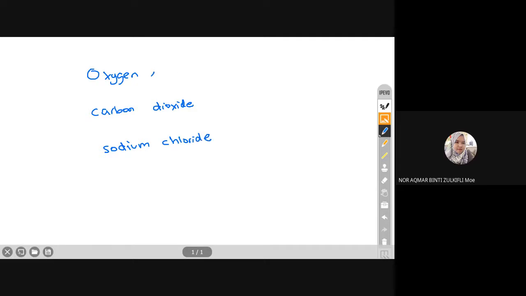How to name the atom. So oxygen we have O2, gas. Carbon dioxide CO2, gas. Sodium chloride NaCl, solid.